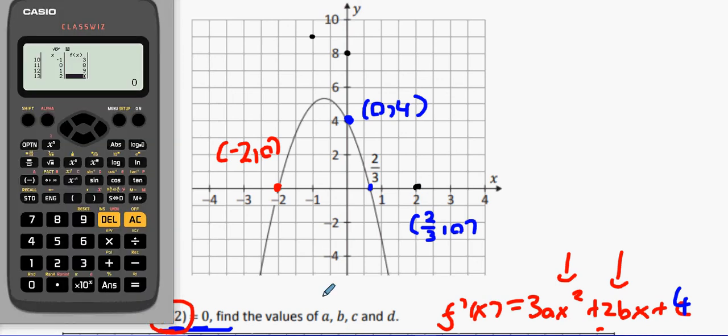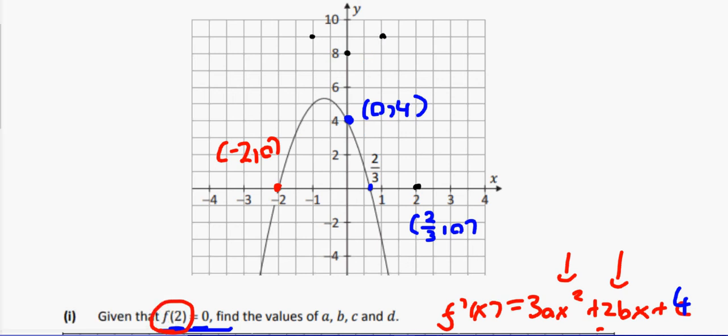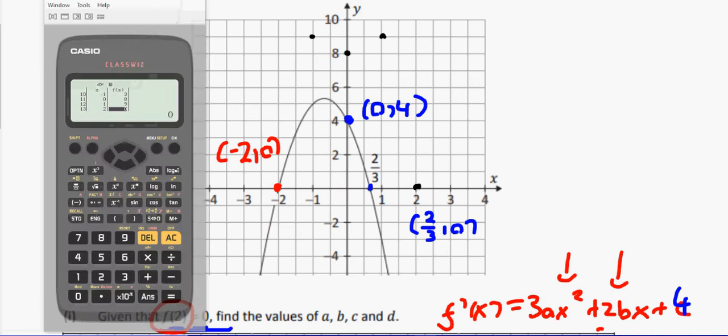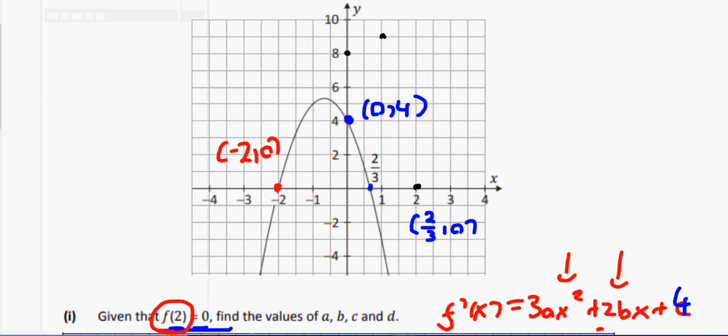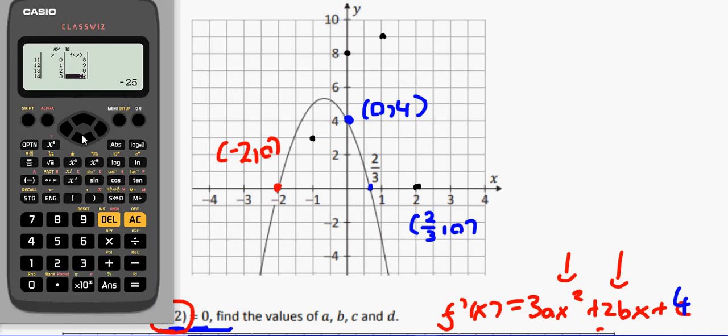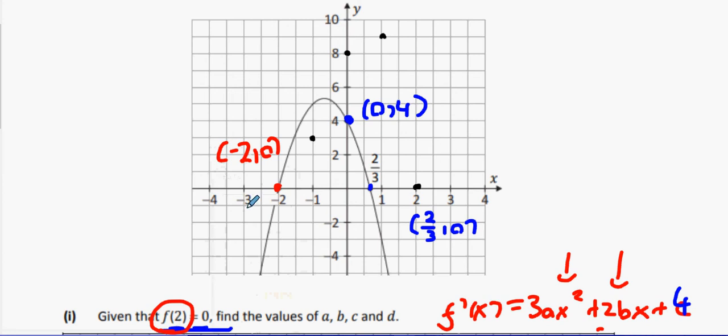What is it? 1, 9. Sorry, it's 1, 9, not minus 1, 9. It's minus 1, 3. Minus 1, 3. It's minus 2, 0. 3 minus 24, minus 25. So it's really gone steep there. So it's very steep to here.